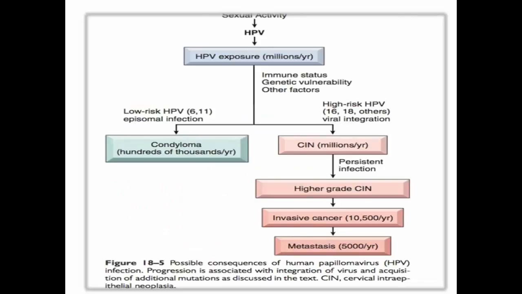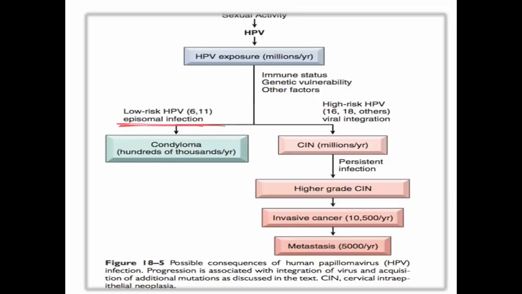So here is basically a review of what we said. We have an HPV exposure. Either we have 6 or 11, which is going to give us condylomas or genital warts. What you need to know about 6 and 11 is that it has an episomal infection, or episomal replication. Or we have a high risk HPV, which is 16 and 18.